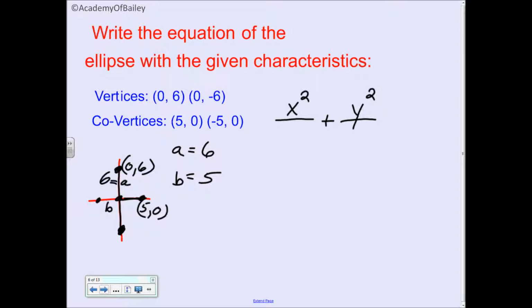Now on the bottom, remember, since this has a vertical major axis, a squared, which is 6 times 6, because this is a, so a squared goes on the bottom. So let's write that as 36. And then underneath x, the x minus h part, in a vertical major axis, b squared will go there, and that will be 25. And we know for an ellipse, it's always equal to 1.